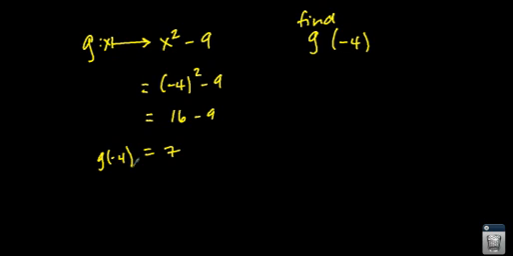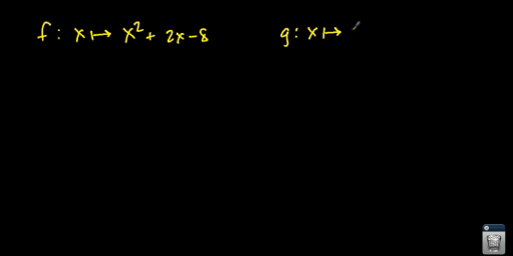Finally, what happens if we have a composition of functions? If I have something like this, so the function f, let's say we have x squared plus 2x minus 8, and we have function g, where we're putting an input in for x within the domain of, let's say, 2x minus 10.